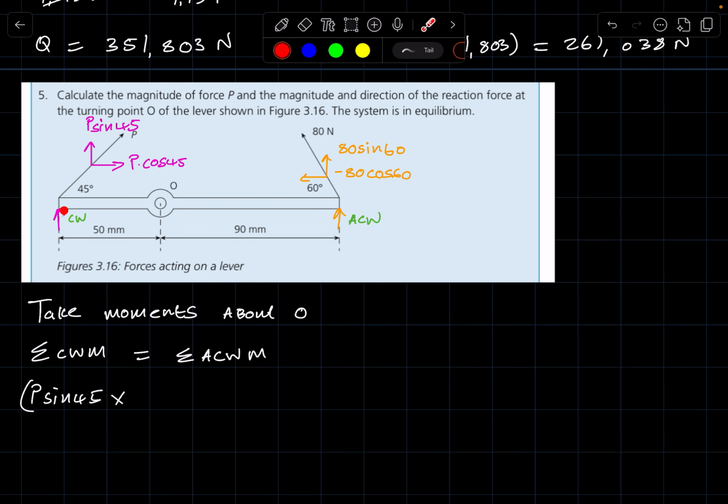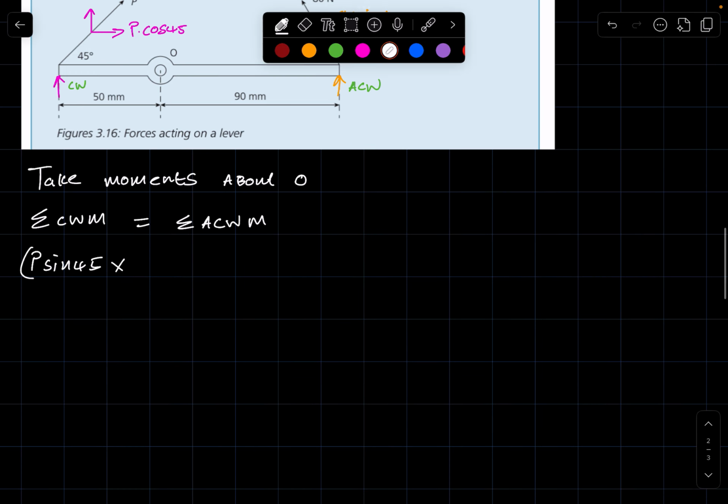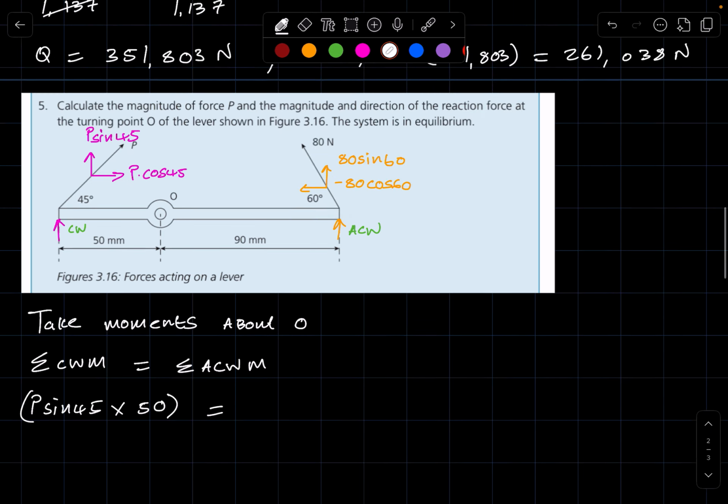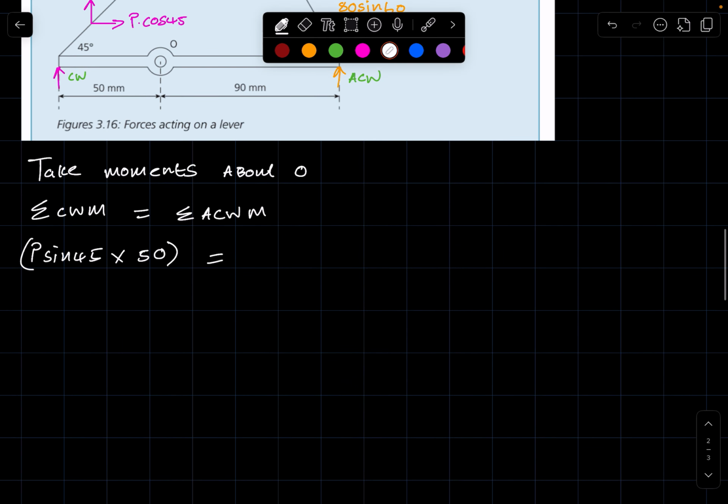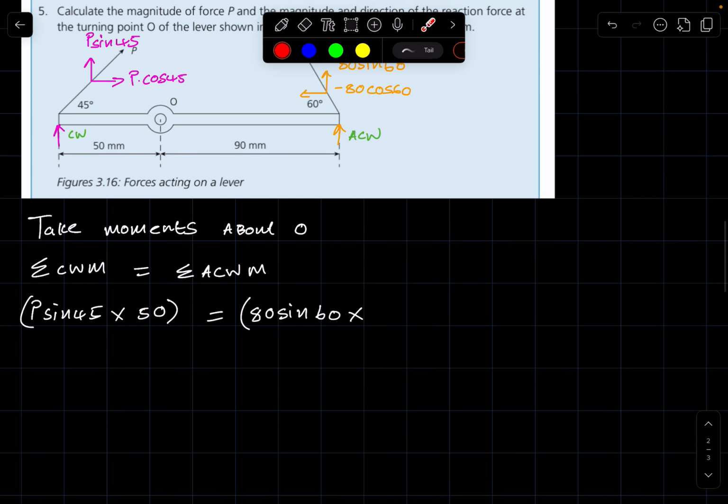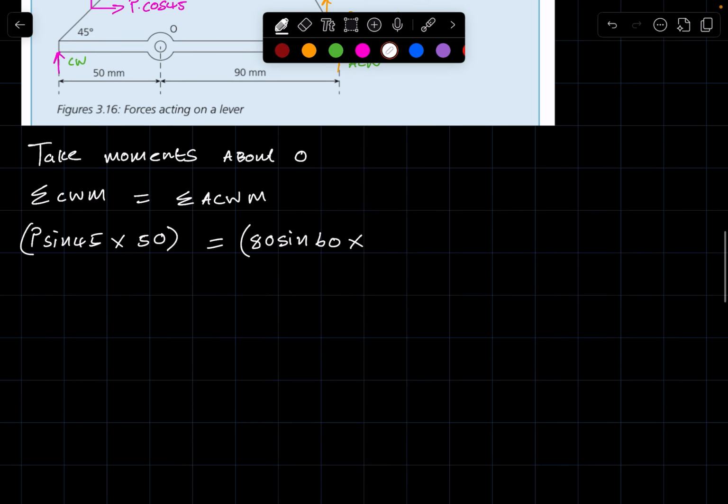The distance from where the vertical component is acting to where we are taking moments about is 50. So P sine 45 is the force, times the perpendicular distance, which is 50. That's the only clockwise moment. And the anti-clockwise moment is 80 sine 60, that's the force, times the distance, which is 90.